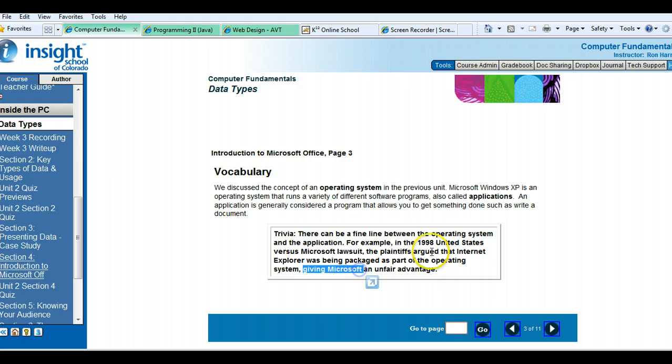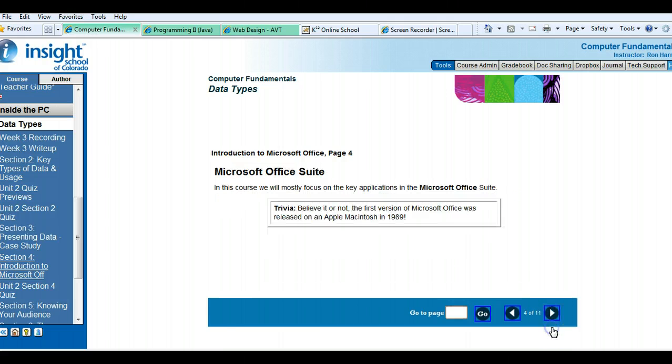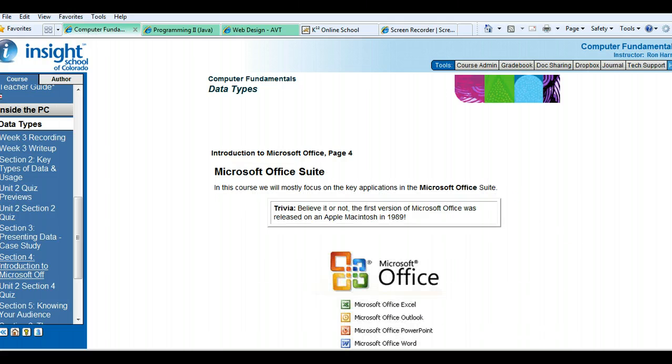Microsoft was sued because their operating system and Internet Explorer were so combined, and Microsoft lost a lawsuit because it seemed like they were trying to control all of that. So anyway, another word for software programs is applications. Of course, these days you call applications apps, like on your smartphones and things, right?